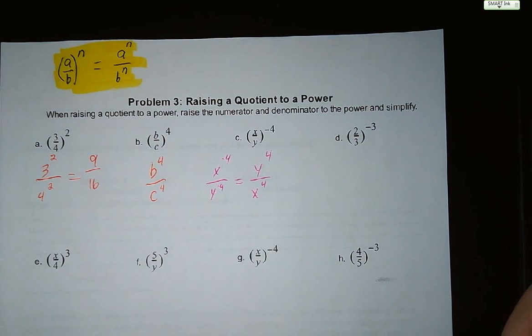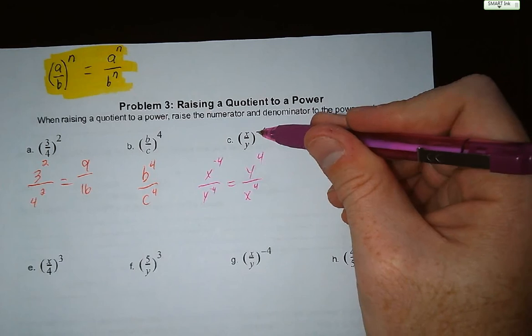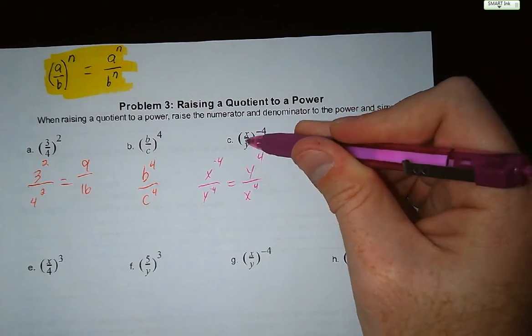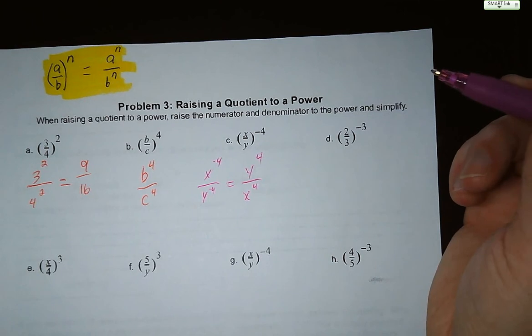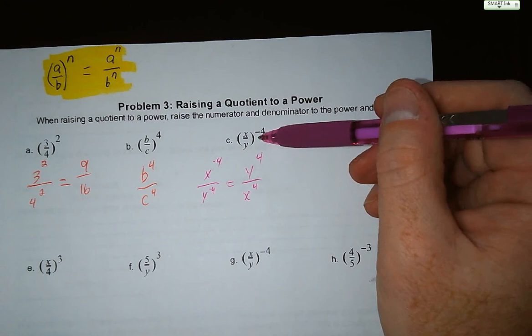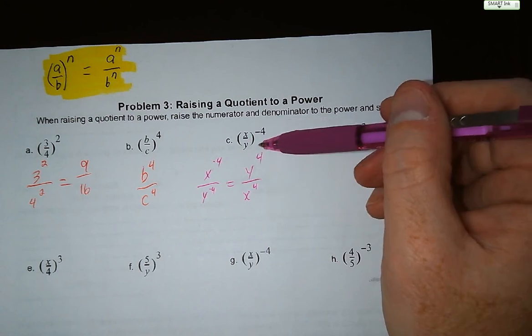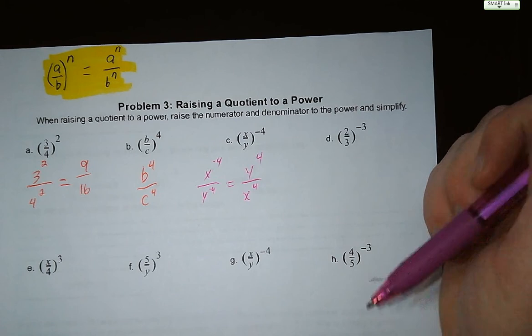You can do that all in the first step. When we have a negative exponent, we can just take the inverse of our fraction and make the exponent positive. Okay, so when we're dealing with raising a quotient to a power, if that power is a negative, we take the inverse of our fraction and we make the exponent positive.